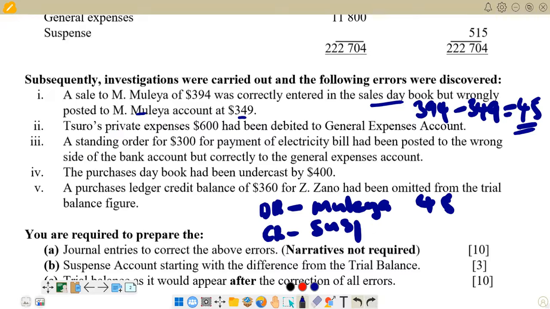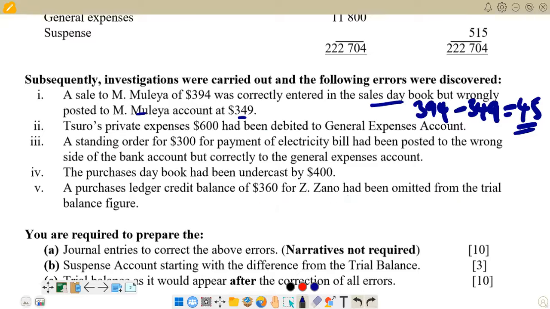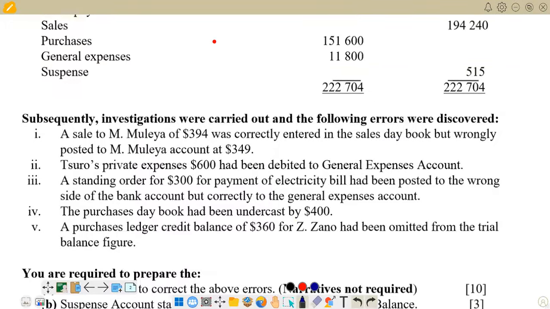So you see that what we are supposed to do now is remove the amount from general expenses. Remember, we debited general expenses by mistake instead of debiting the drawings account. So we need to take the amount that is in the general expenses account and input it in the drawings account.